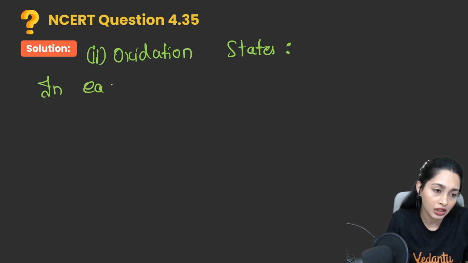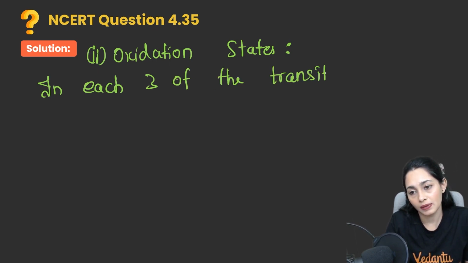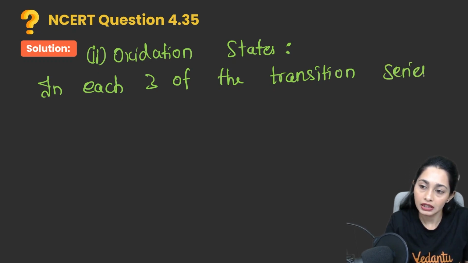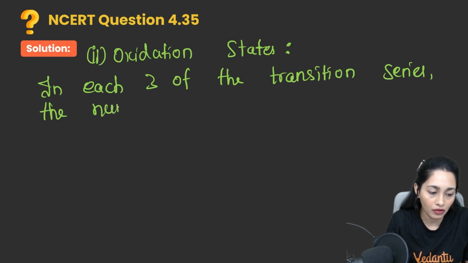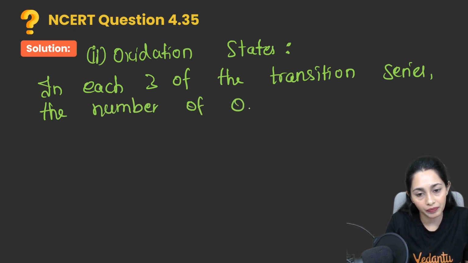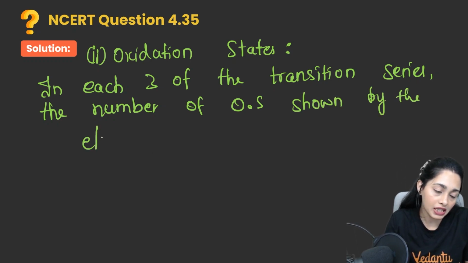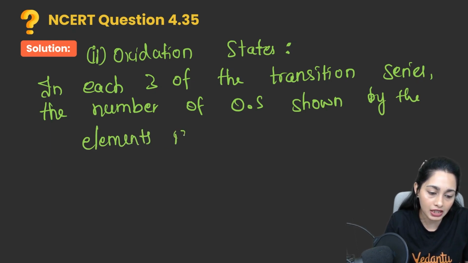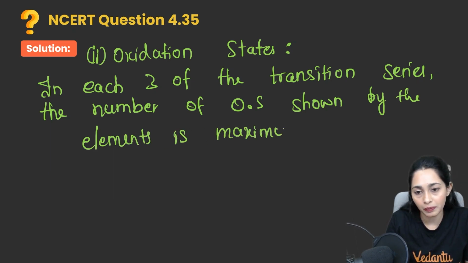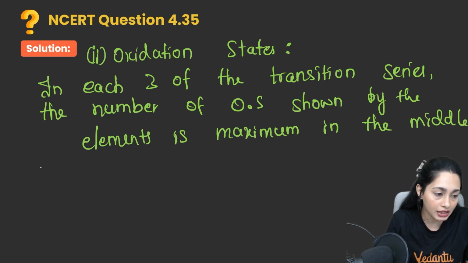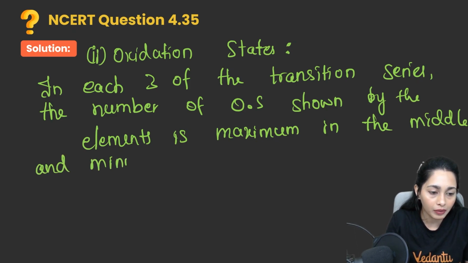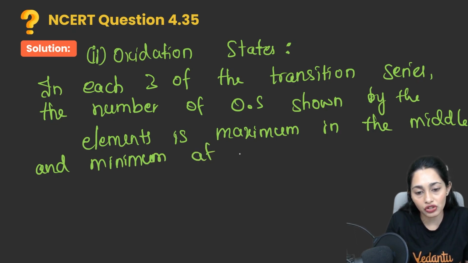In each of the three transition series, the number of oxidation states shown by the elements is maximum in the middle, and minimum at the extreme ends.